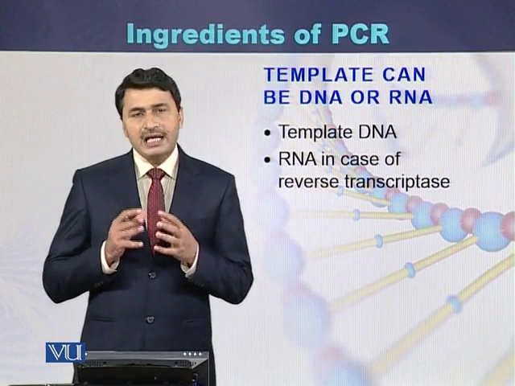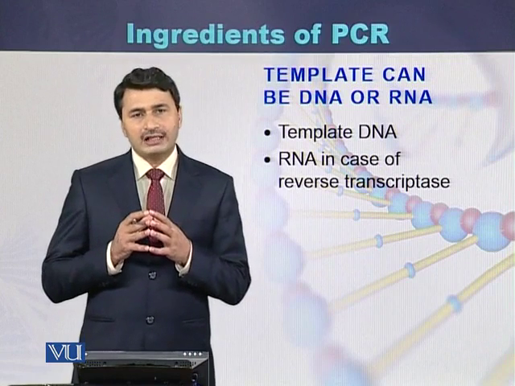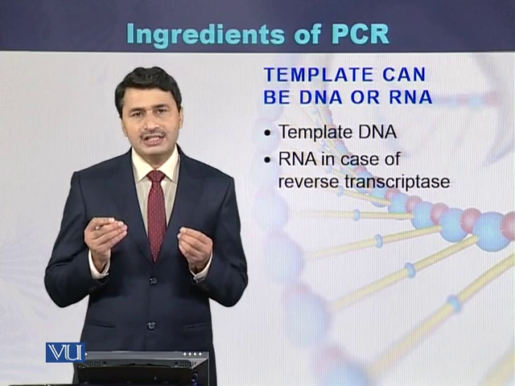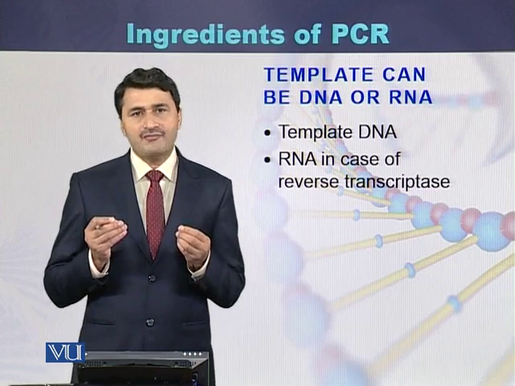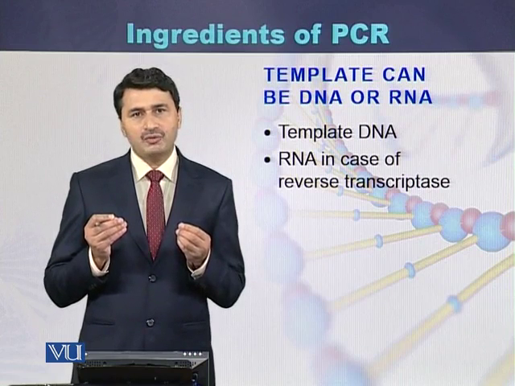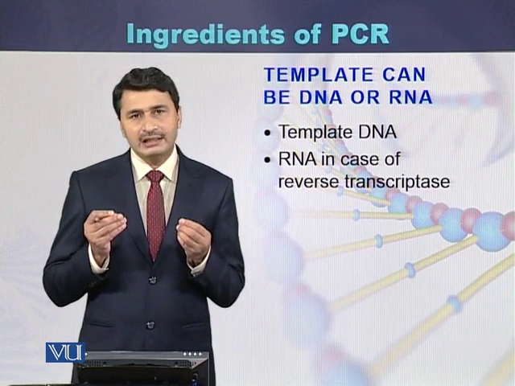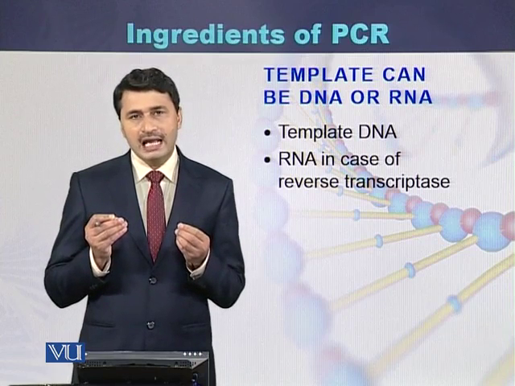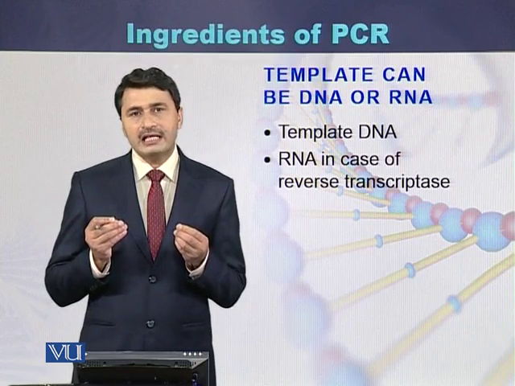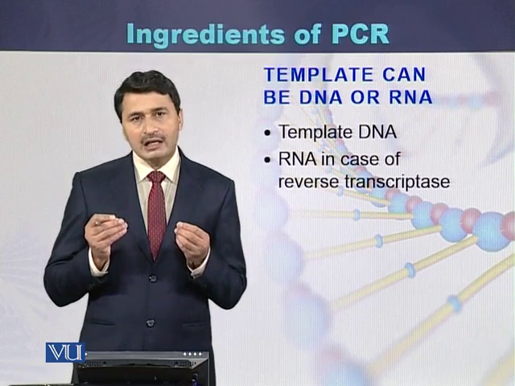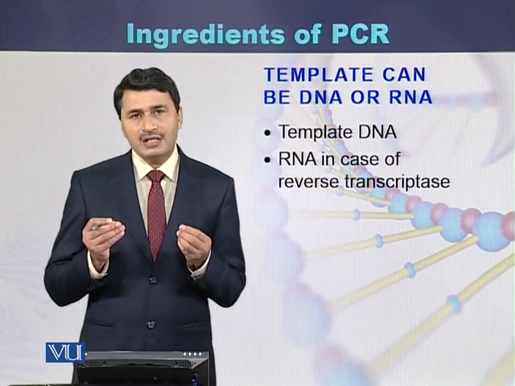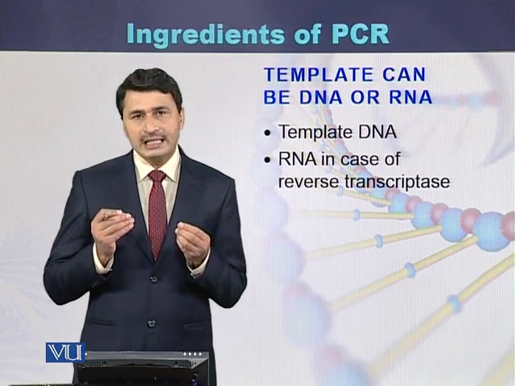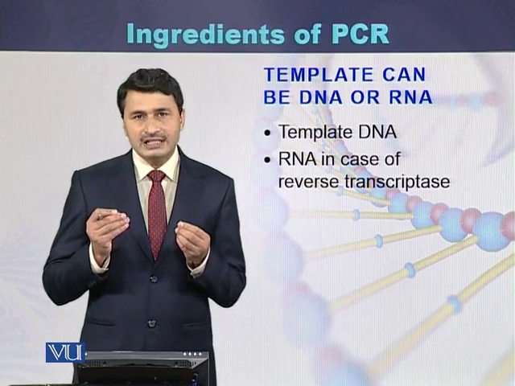The template can be DNA or it can be RNA. If we have to amplify DNA, then the DNA which is used to amplify is called template DNA. But RNA can also be the template, because if we have to convert RNA into DNA, then RNA will be the template.